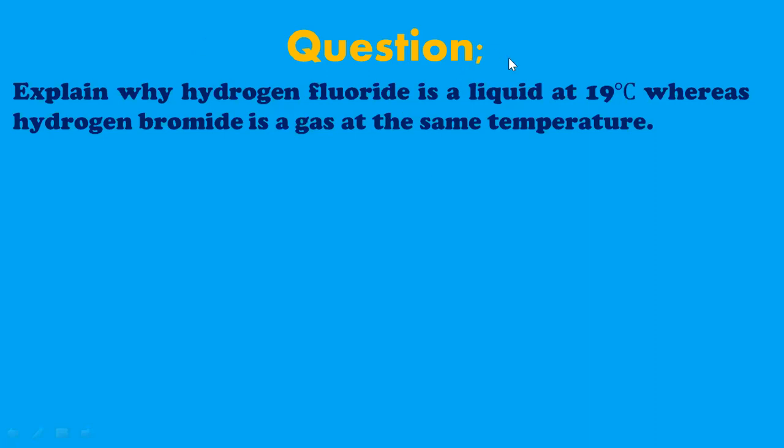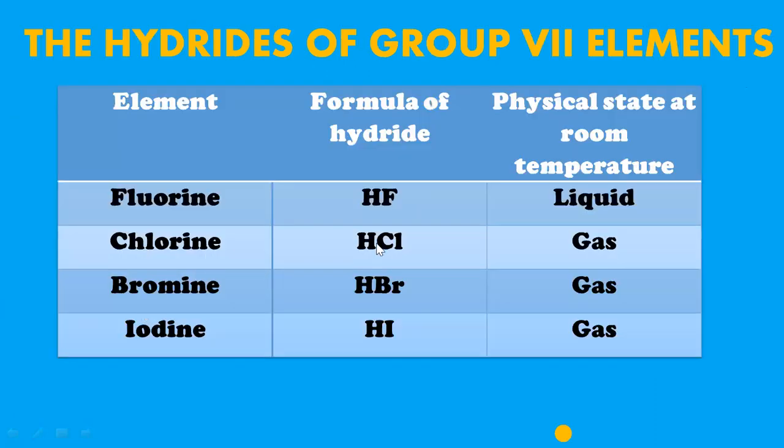So why is hydrogen fluoride a liquid at 19 degrees Celsius, whereas hydrogen bromide is a gas at the same temperature? You can try to approach the question. This is a question that requires your knowledge on bonding and structure. We have just seen it here. This is a liquid at room temperature. The rest are gases. What explains that?